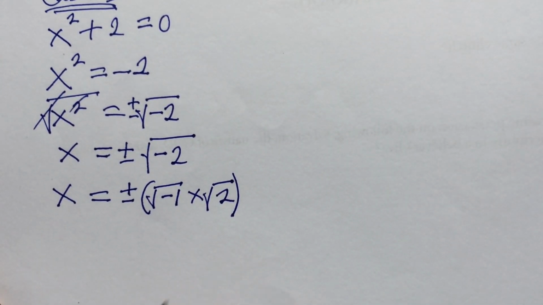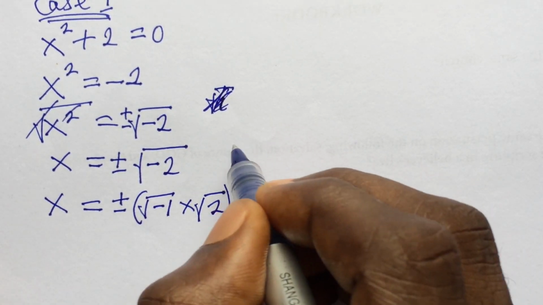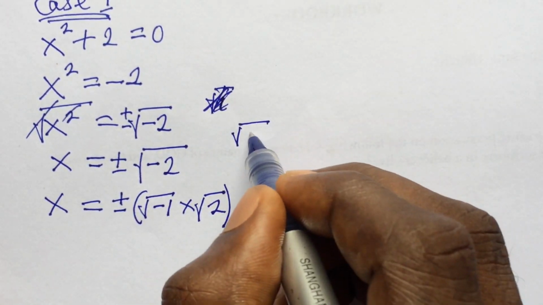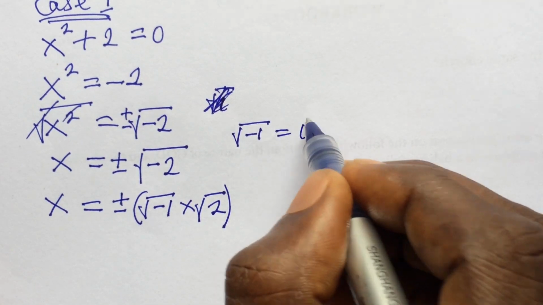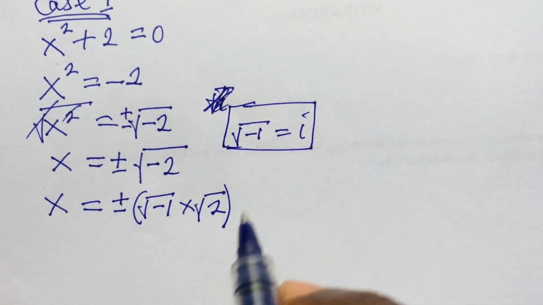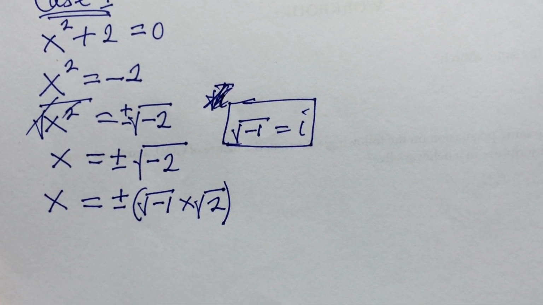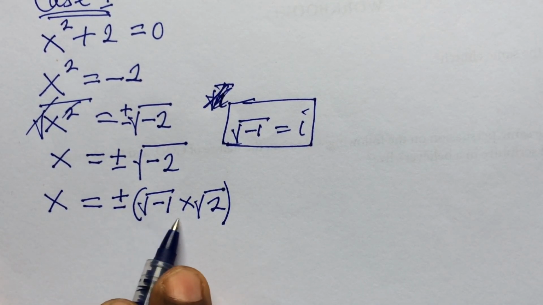And so we recall the identity which says that the square root of minus 1 equal to i. And what is i? i is the imaginary number. And so we can replace it here.